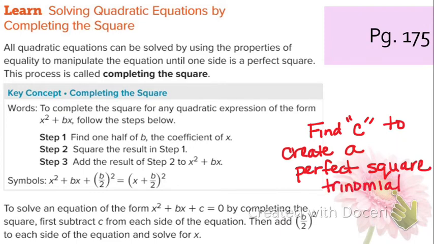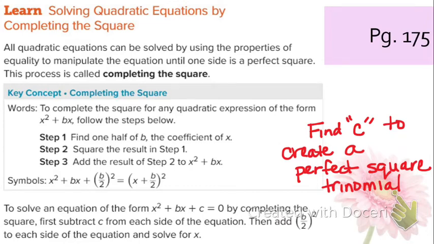So in other words, we have something missing. There's a missing term, and we need to figure out what that number has to be in order to create a perfect square trinomial. And it's actually very simple, because we know the rule is it has to be half of b squared.